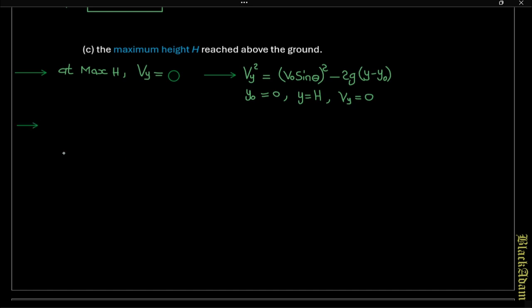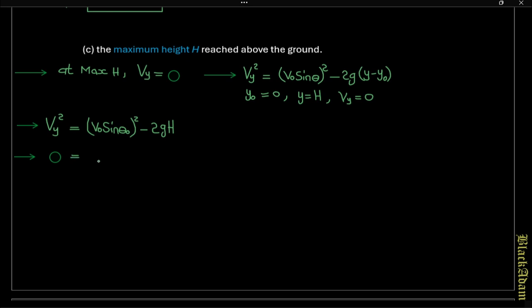and then we can plug in the information. So v final squared is equal to v initial multiplied by sine theta, and all of that squared, minus 2g times h, because remember that the initial y is 0, so the change in y is h.